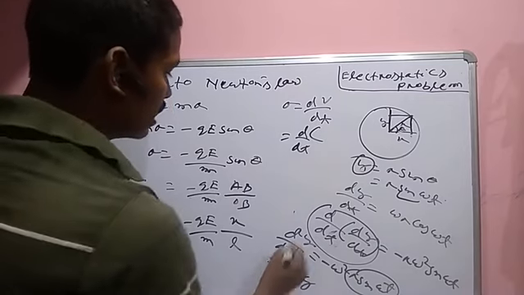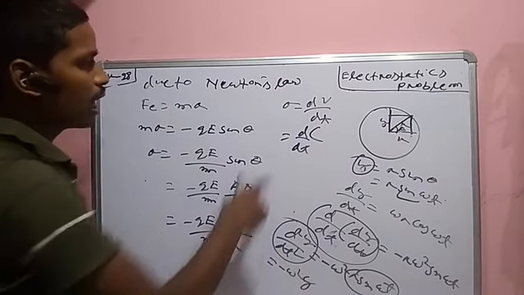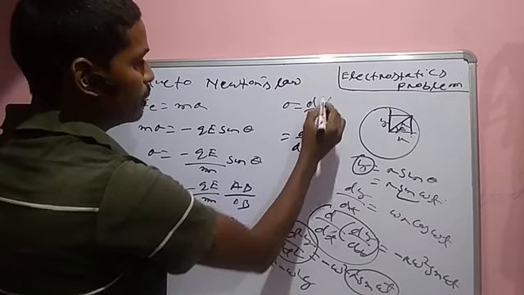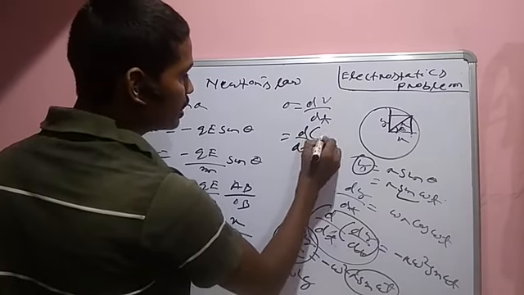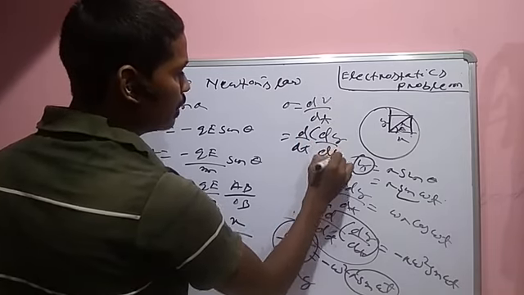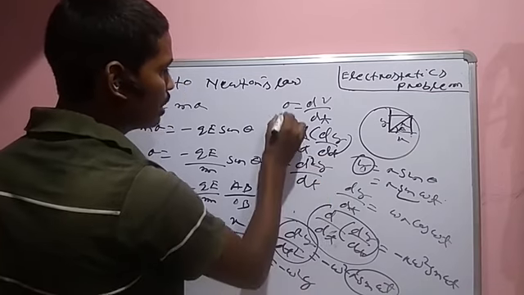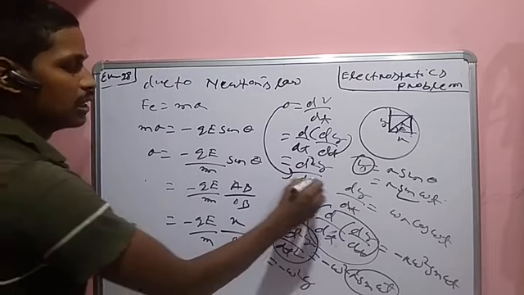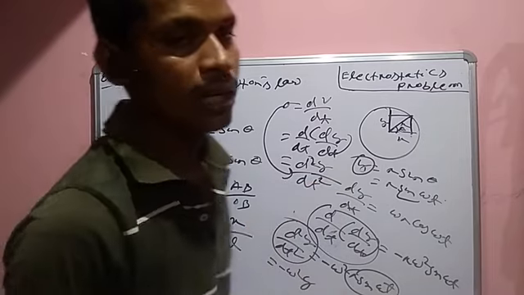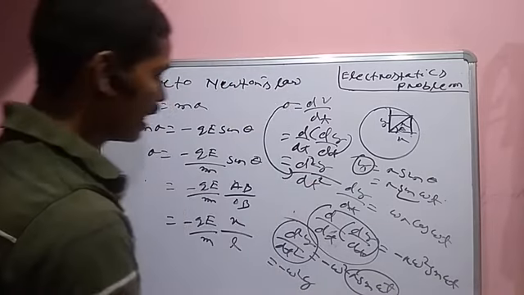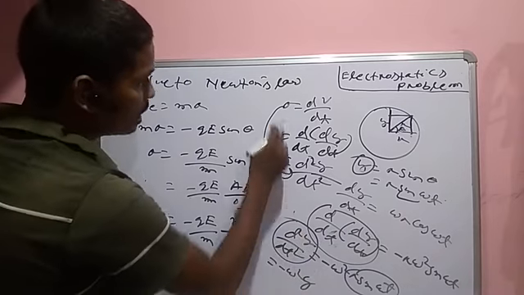That means this is the A, because A is equal to dv by dt. V means dy by dt. That means A is equal to d square y by dt square. Then d square y by dt square is acceleration.